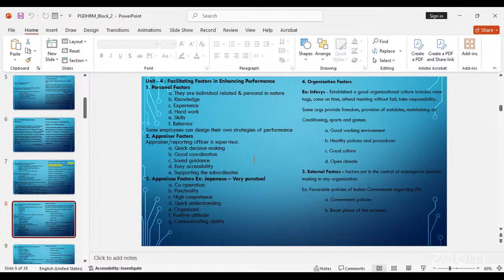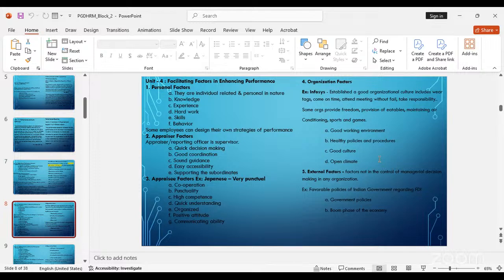What are the factors influencing better, enhanced performance from the organization point of view? Good work culture, good environment, healthy employee policies, healthy HR policies, healthy processes, cultural impact, open climate. All these will influence the performance of the employees.